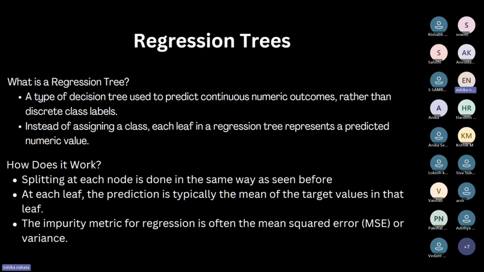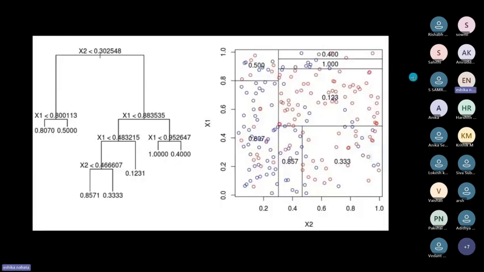The impurity metric in this case can be something like RMSE or variance instead of Gini impurity, information gain and entropy. So this is just a visual example of a regression tree. Over here, you can see a bunch of data points, and these are conditions evaluated at the decision nodes.